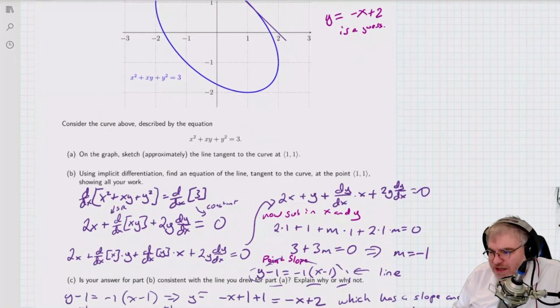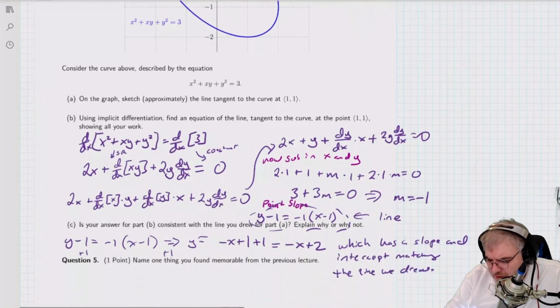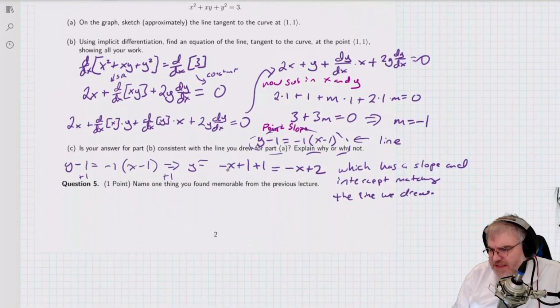Usually they'll have a product rule thrown in there somewhere, like the folium curve that I did on Thursday had one, and those are the types of things that people like to ask on tests. And then this idea of consistency.